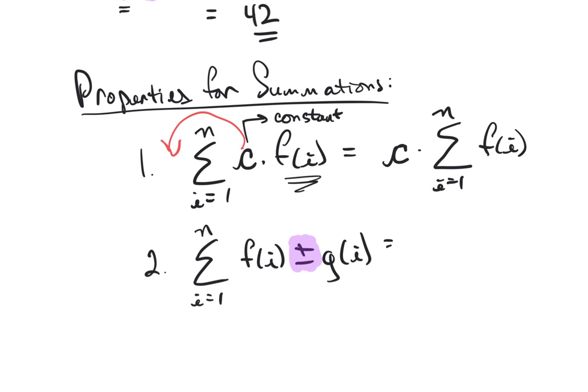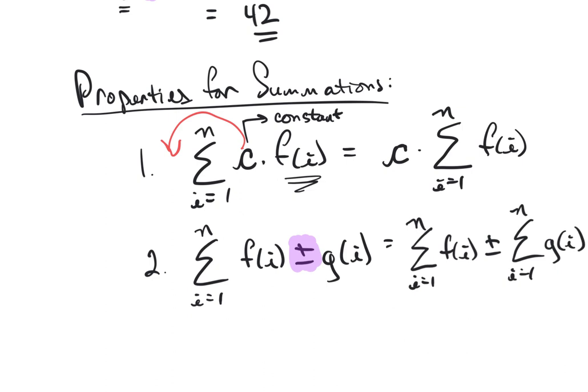And our rule for summations of plus or minus says that this is going to be the summation from i equals 1 to n of the first function, plus or minus the summation from i equals 1 to n of the second function.